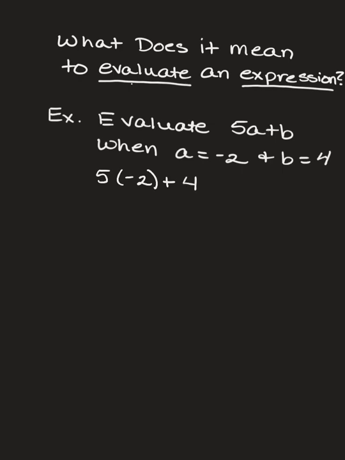And now all I need to do is multiply 5 times -2 to get -10 and add 4 to it. And so -6 is my final answer. I just evaluated the expression 5a plus b when a is -2 and b is +4.